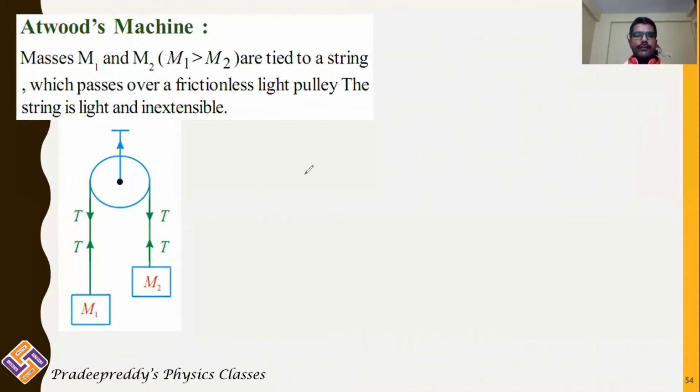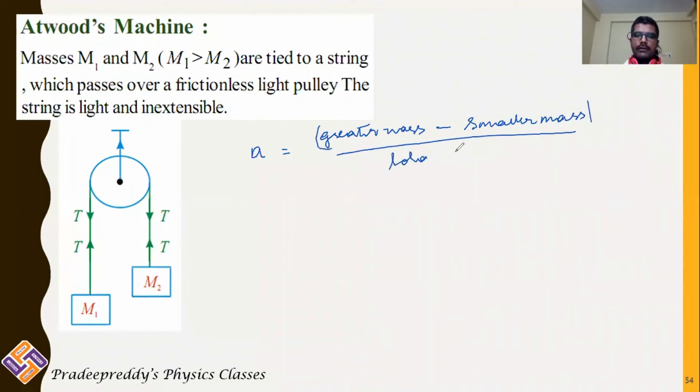In the previous lecture, we have learned how to find out acceleration as well as tension in the string attached for an Atwood machine, and we have observed that acceleration A is equal to greater mass minus smaller mass divided by total mass into acceleration due to gravity.